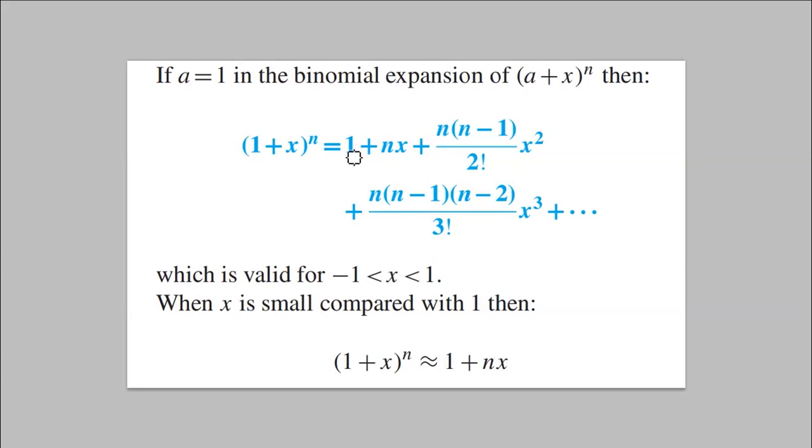So you say 1 plus nx plus n minus 1, this x will increase the power 2 squared over 2 factorial, and it goes on like that. This is valid when x is between -1 and 1, and when x is small compared with 1, then the expansion will be in this form.